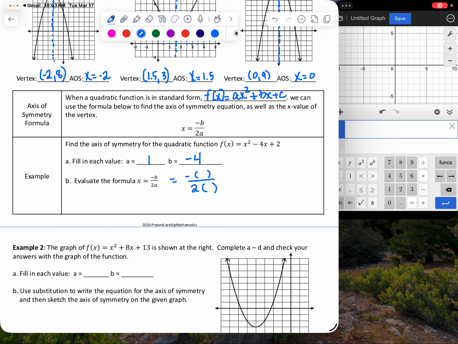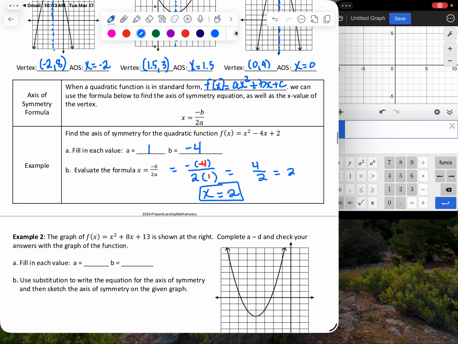Then I'll substitute in our value of b for b and our value of a for a, and then evaluate that formula. So the opposite of negative 4 is positive 4, and 2 times 1 is 2. So our axis of symmetry here is x equals positive 2.